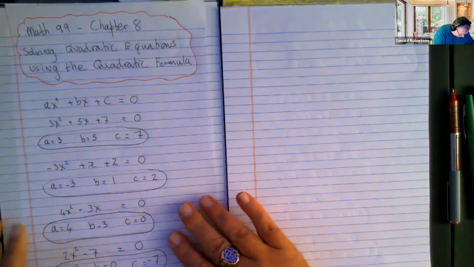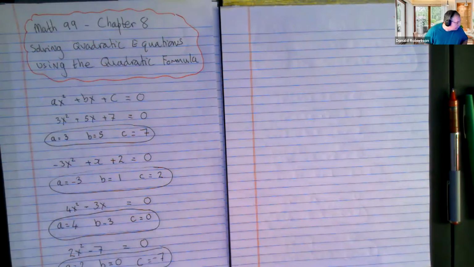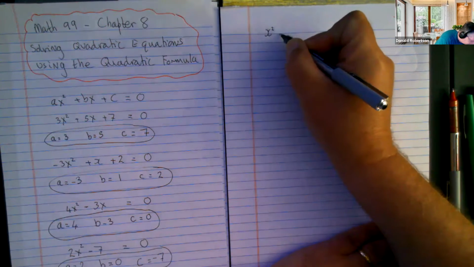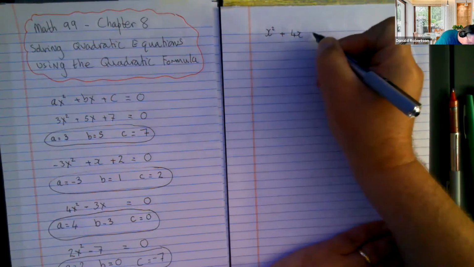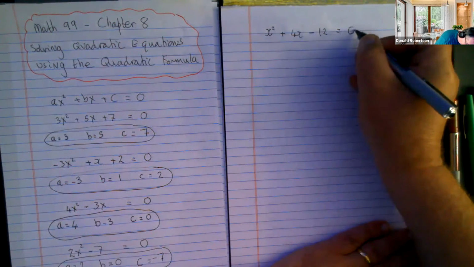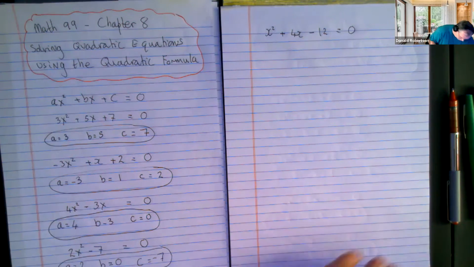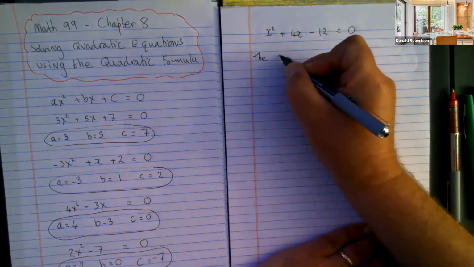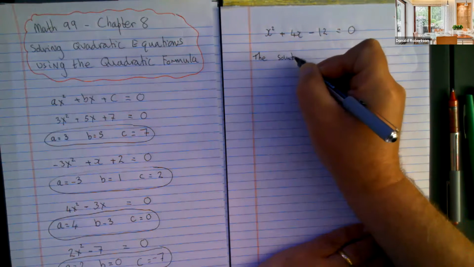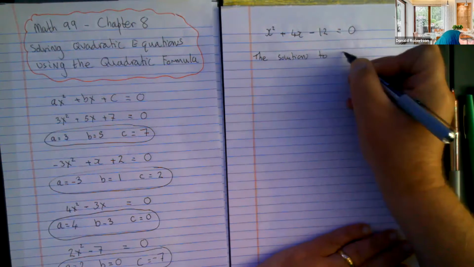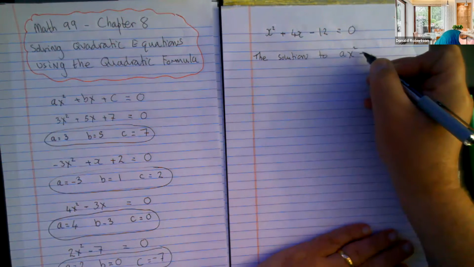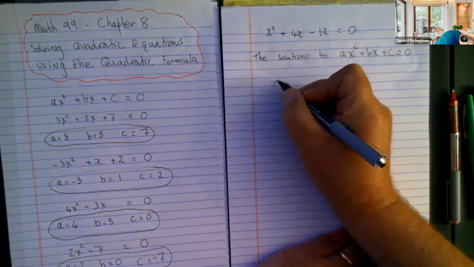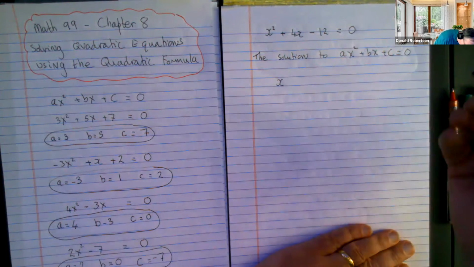So let's assume that we have a quadratic equation and we would like to solve it. For instance, I have x squared plus 4x take away 12 equals 0. And I would like to solve it using the quadratic formula. And here we go then. The solution to the quadratic equation ax squared plus bx plus c equals 0 is given by this formula, which is called the quadratic formula.